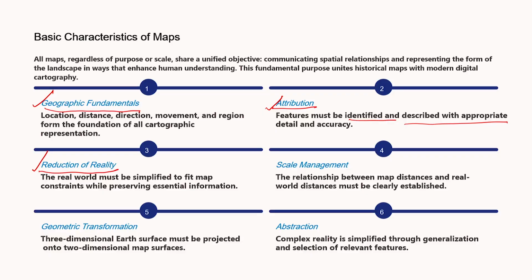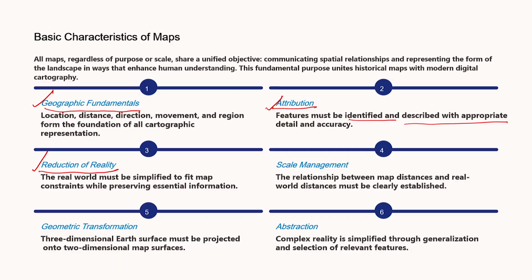So, map itself is a reduction of reality. Map is a model, map is a visualization tool, map is a communication tool. So, using this reduction of reality, we will do it. In the next lecture, you will see in detail about the generalization concept.